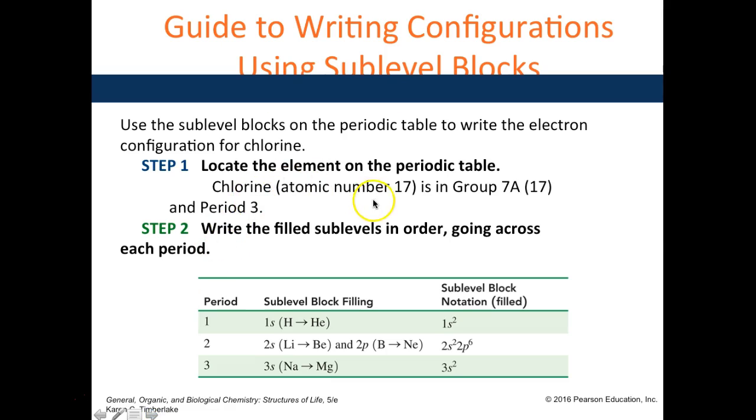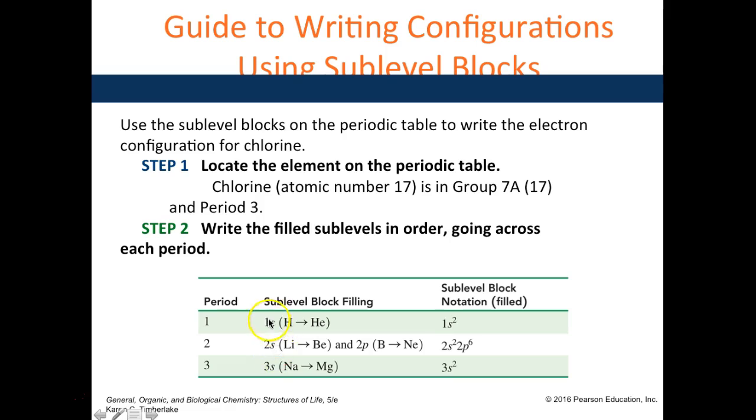All right, chlorine, atomic number 17. How do you write its electron configuration? It's in group 7 and period 3. So that's 1s2, then 2s2 and then 2p6.